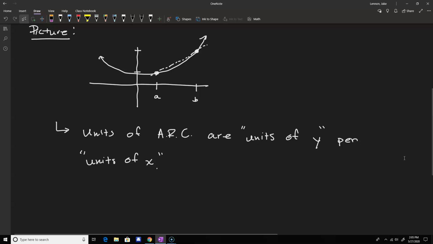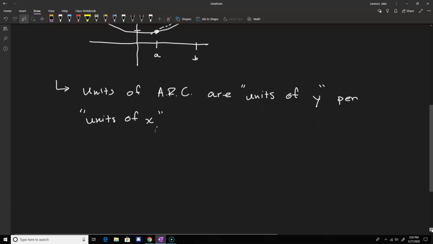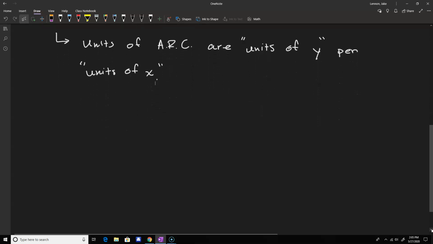So let's go ahead and just look at how we would compute this with a very straightforward and simple example. Again, there's not too much to this section, but it will be a primary motivating force for understanding the derivative.